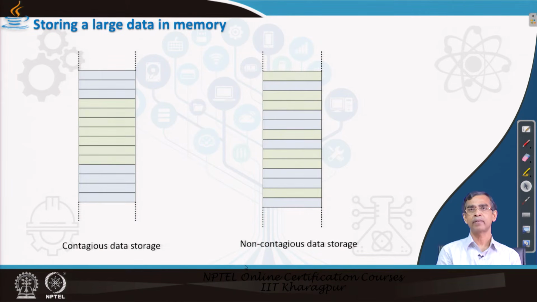On the other hand, regarding memory utilization, suppose the memory available in computer memory is not at one place. For example, you want to store an array of 1000 elements, and for these 1000 elements it requires 800 bytes.